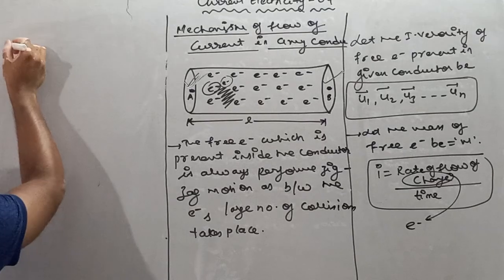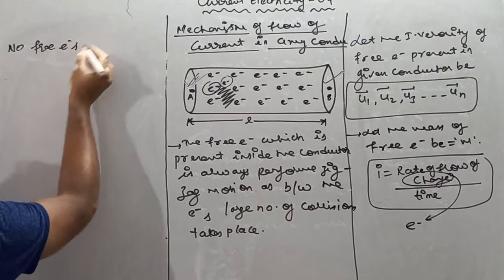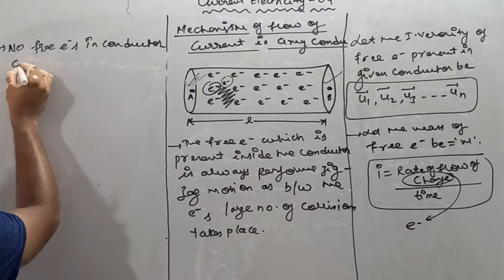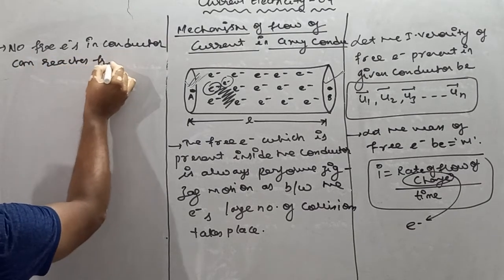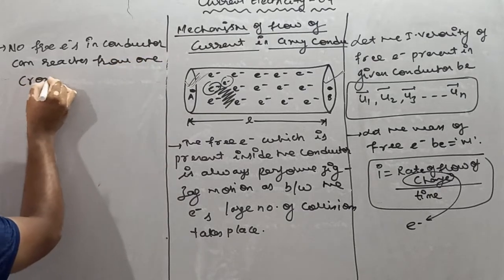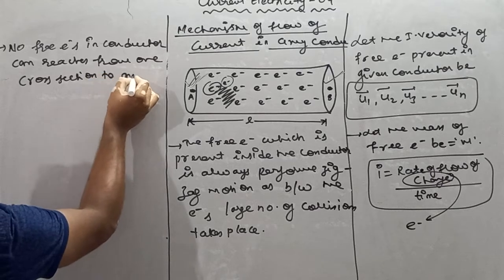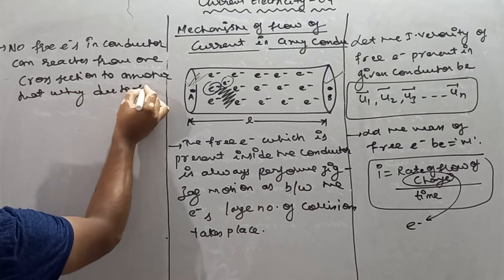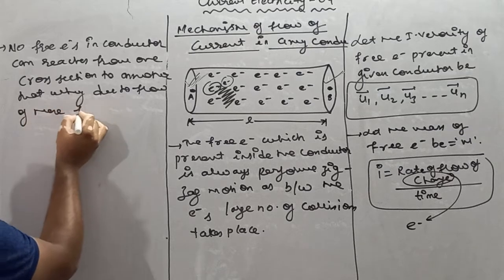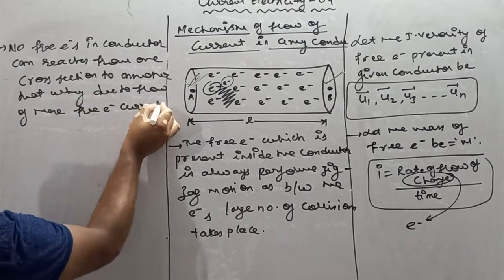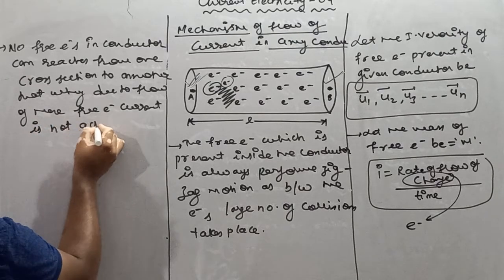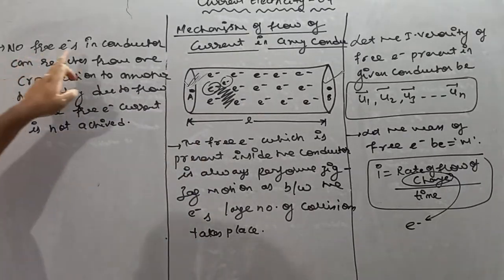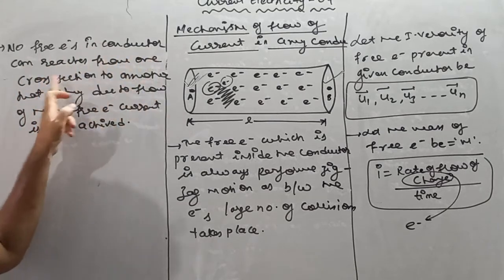So I'll write here: no free electron in a conductor can reach from one cross section to another.